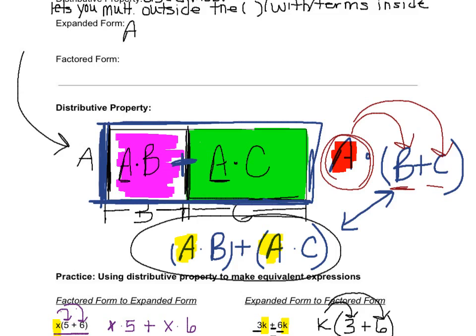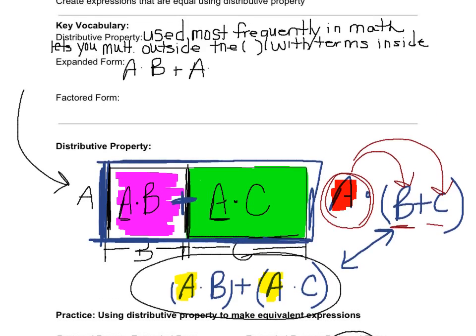Expanded form is going to be A times B plus A times C, where you can see that it's stretched out. And then factored form is pulling out or looking for the part that they both share, which in this case is the A, and then putting the other pieces in parentheses, which is B plus C.